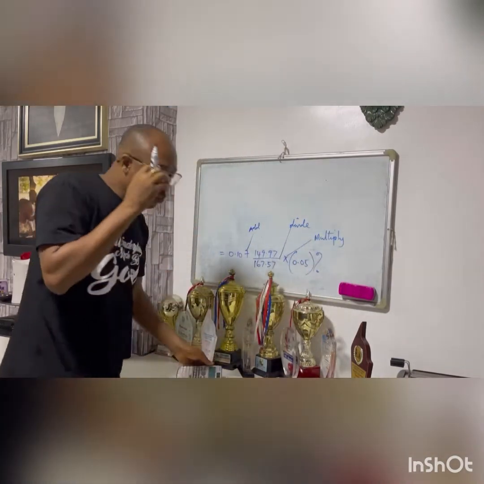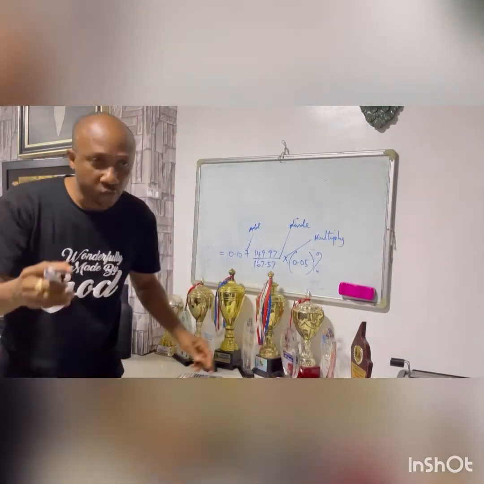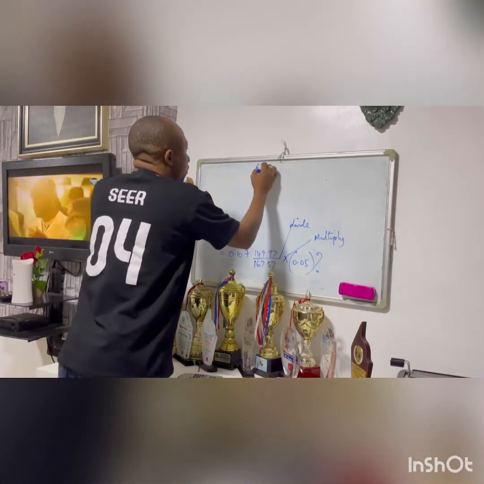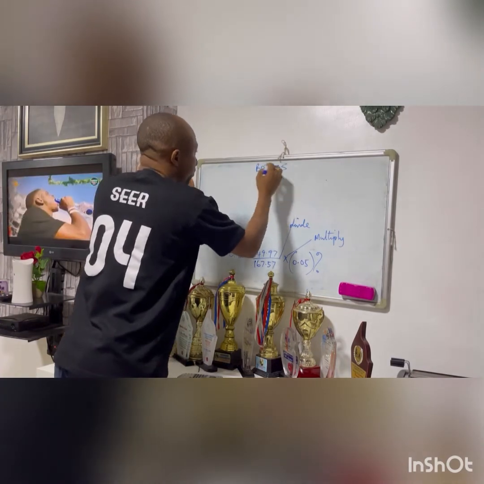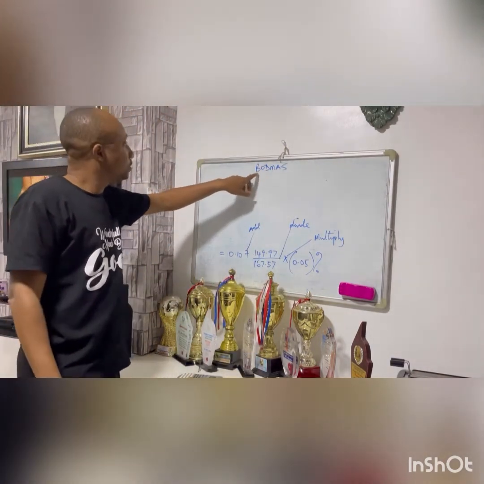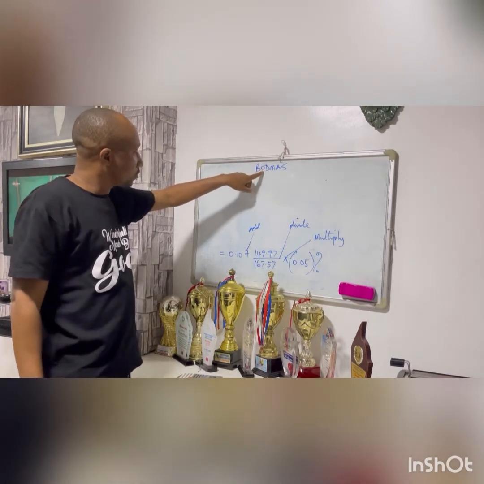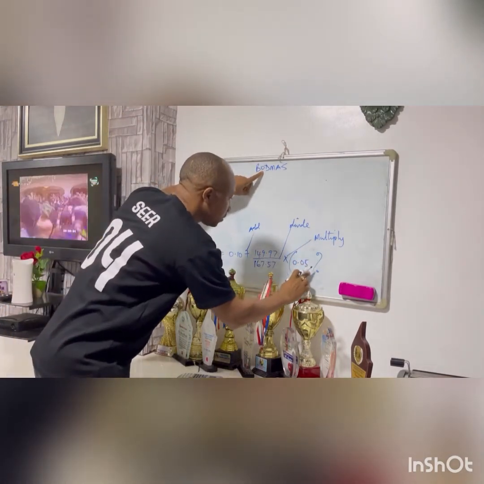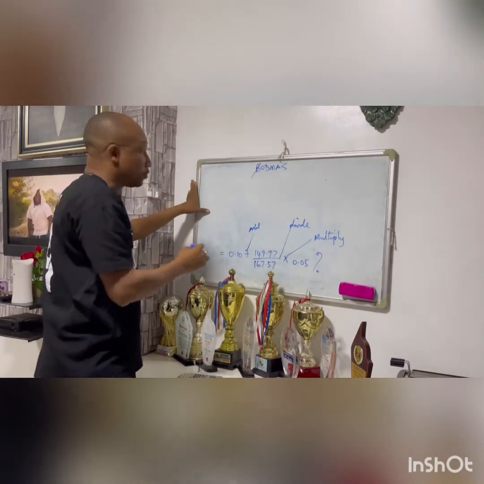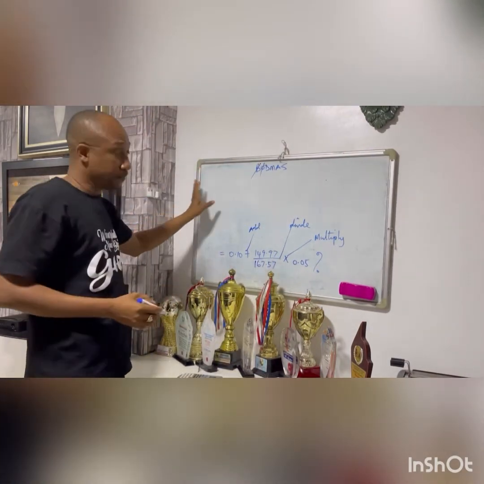How do I then know which of these three things I'm going to do first? I'll just follow the simple rule of BODMAS. Brackets off. I can remove the brackets just so I will not confuse myself.